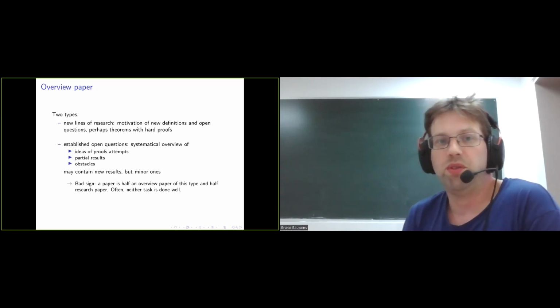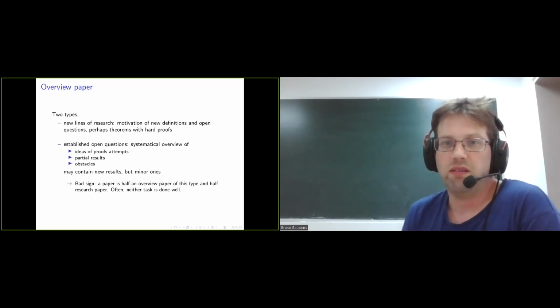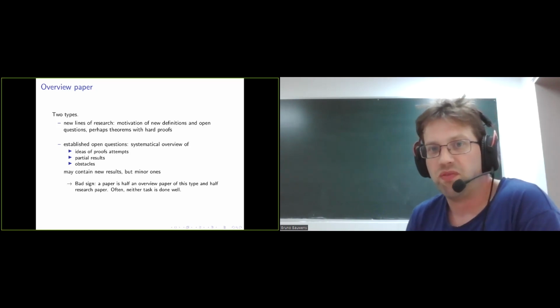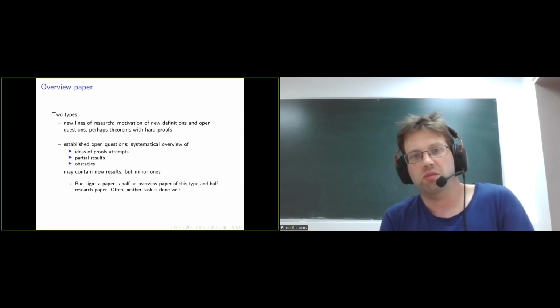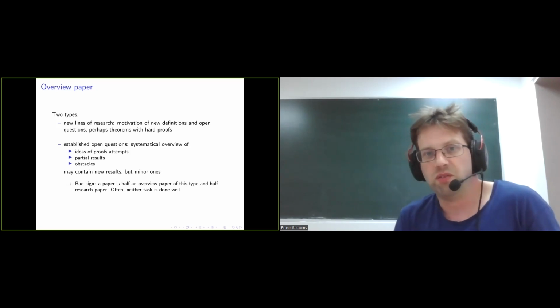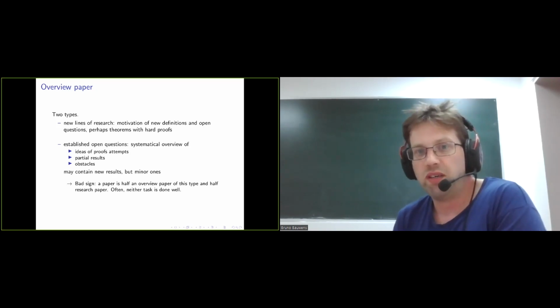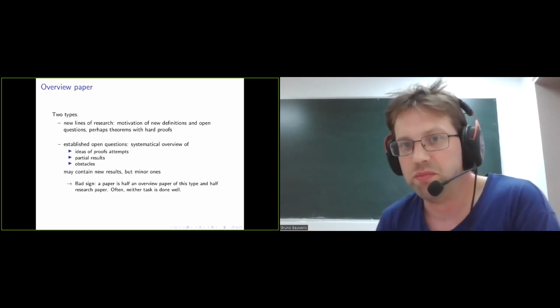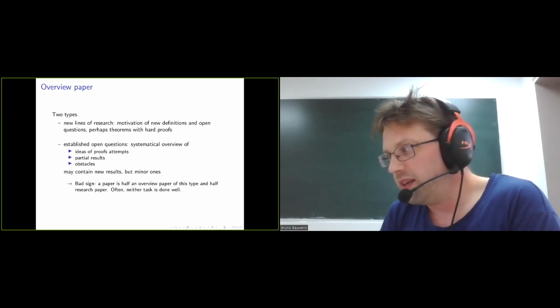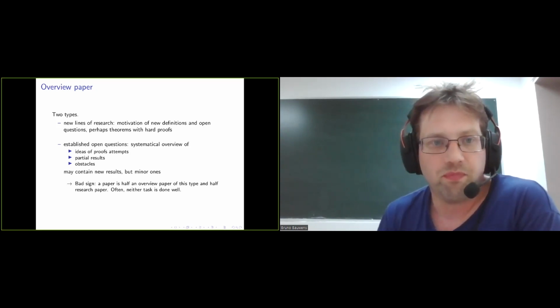You can put in some hard proof, like a famous example is a paper of Nash in game theory, where he both introduced game theory to the mathematical community and proved a very important theorem, the existence of Nash equilibria. And he got the Nobel Prize for it.